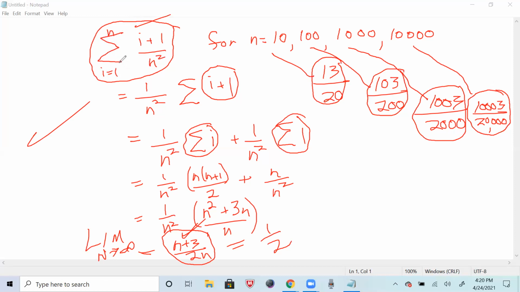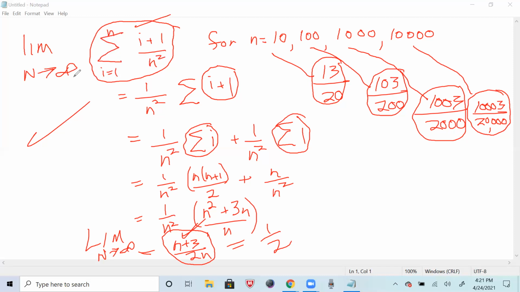It's just what would the sum from i equals 1 to n be of i plus 1 over n squared. And that sum is 1/2. Because usually you're doing the limit as n goes to infinity. Certainly with integral calculus, that's what it's always based on.